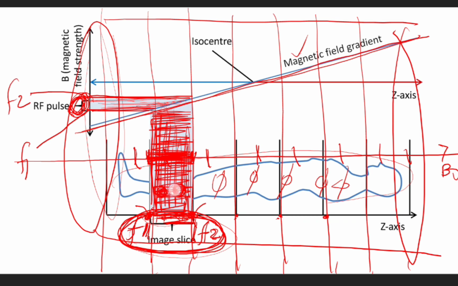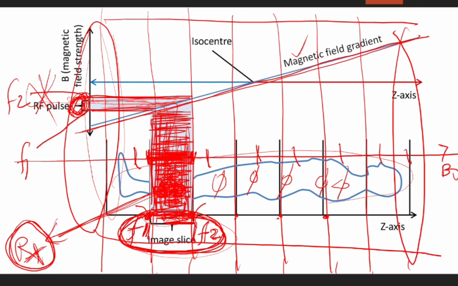Whatever frequency the hydrogen atoms in this slice have, we give the same frequency RF. Because the frequency is matching, resonance will take place and hydrogen will get excited. When we remove this RF, energy will get released, and we use a receive coil to receive the energy.